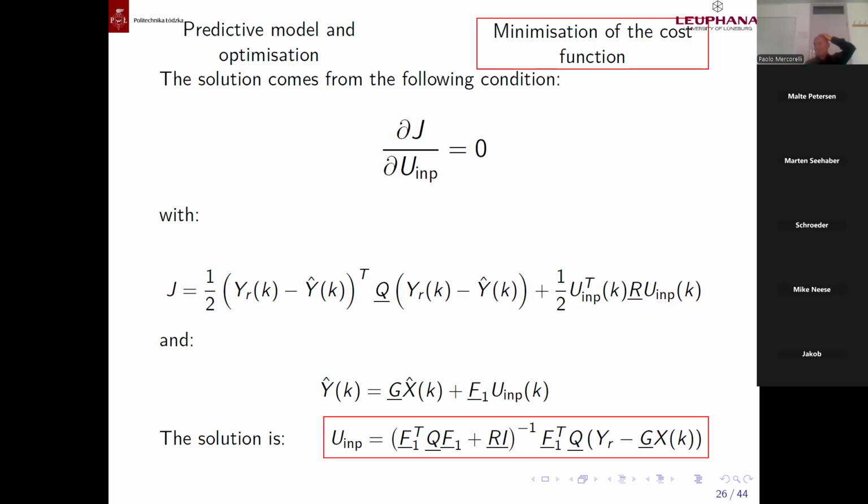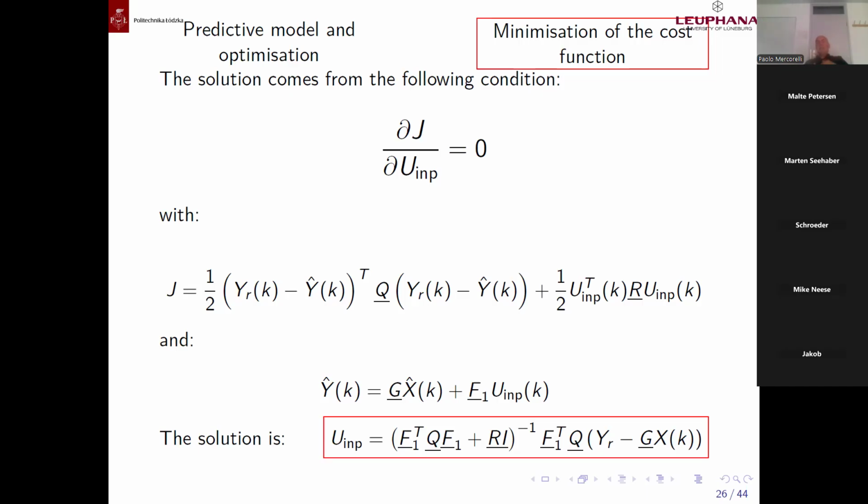Moreover, as I told you, at each time I will recalculate the solution because something changed, because a disturbance appeared. Today we will see the role of the disturbance.